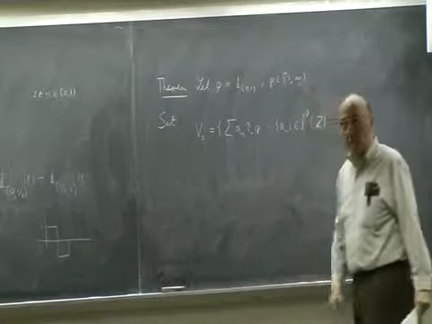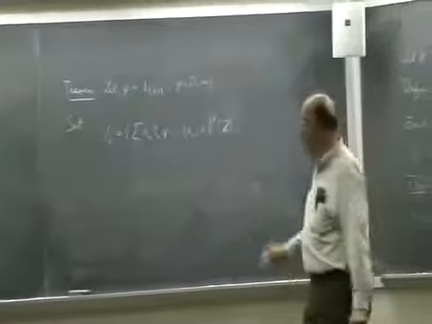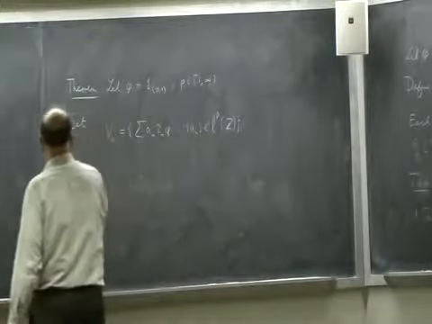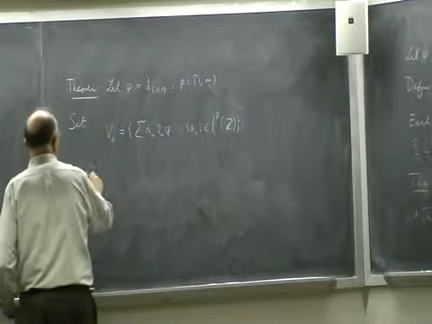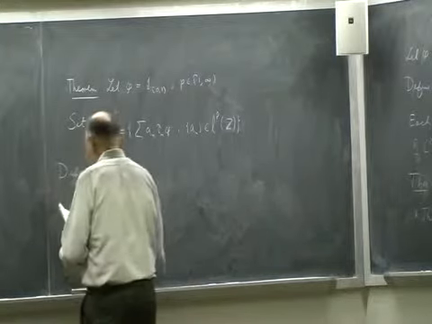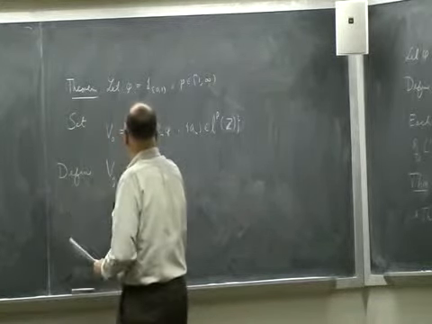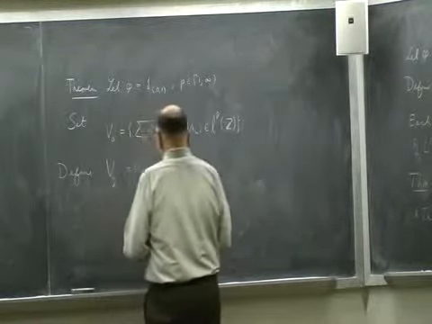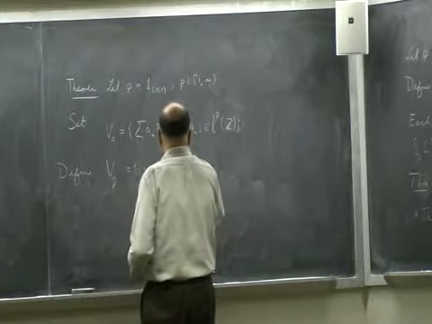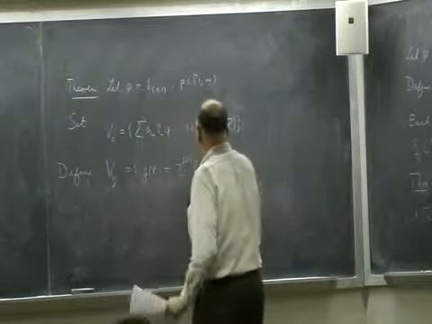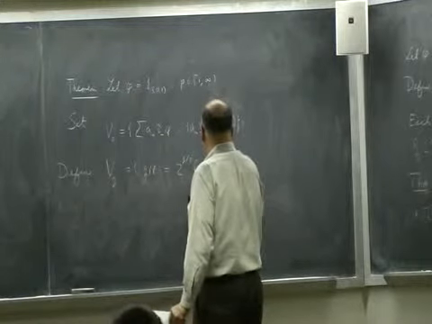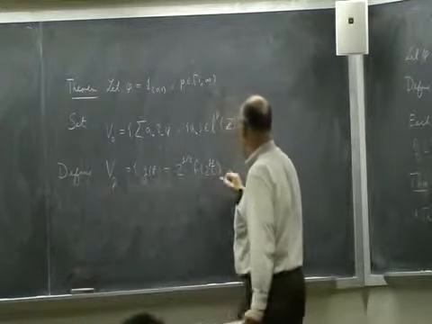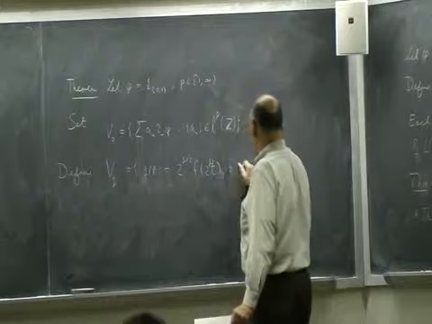I decided to write it out for arbitrary p. And define Vj equal to the set of all functions g of t equal to 2 to the j over 2 times f of 2 to the j t, where f is in V0.